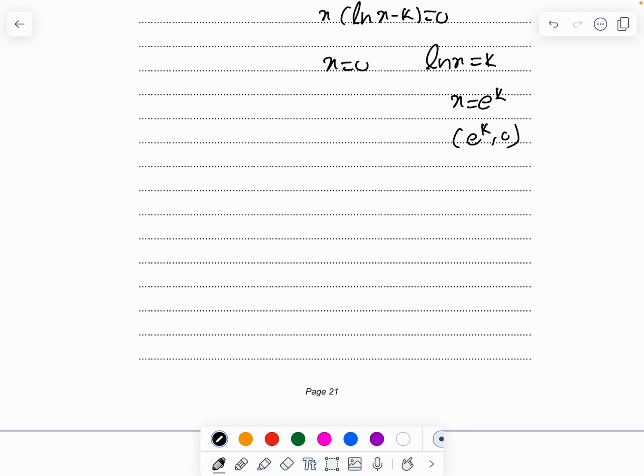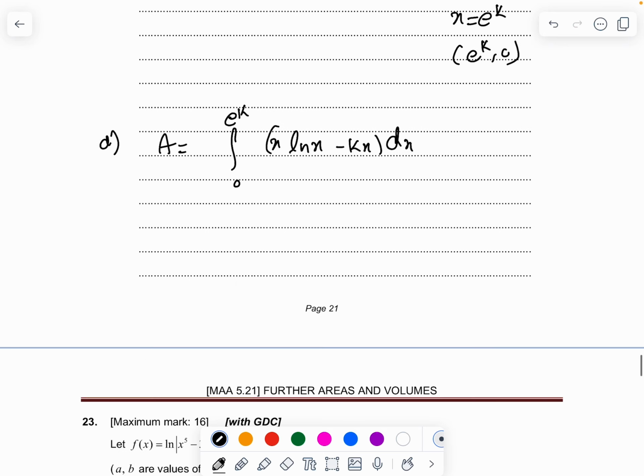Now for part D, we have to find the area. Area will be the integral from 0 to e to the power k of x ln x minus kx dx. So first function, integral of second function, minus integral of derivative of first, integral of second dx.